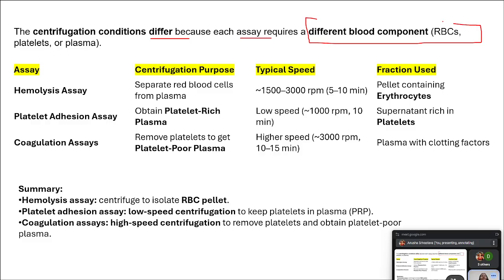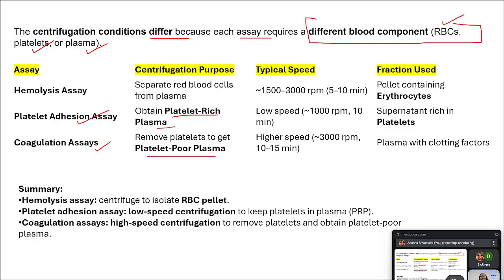In hemolysis we were taking red blood cells, then for the platelet adhesion test, and then we are taking plasma. So the hemolysis assay separates red blood cells from plasma. Platelet adhesion assay, that we were determining by SEM imaging, we wanted platelet-rich plasma. In coagulation assay, we wanted to remove platelets to get platelet-poor plasma.